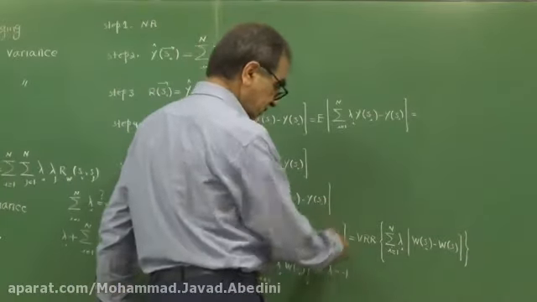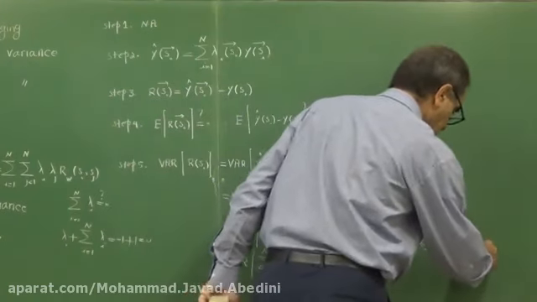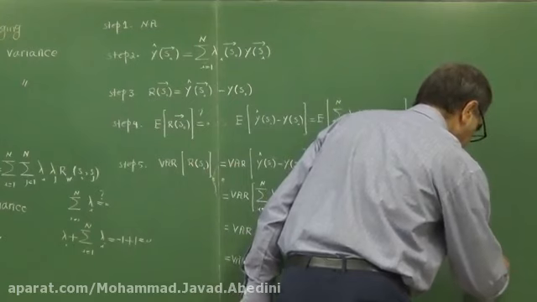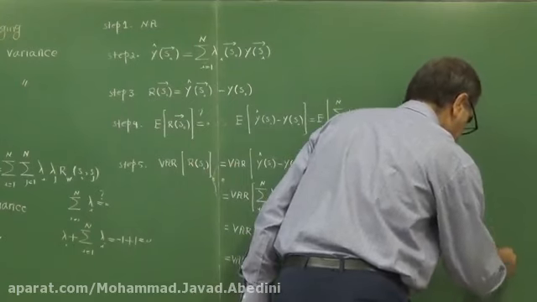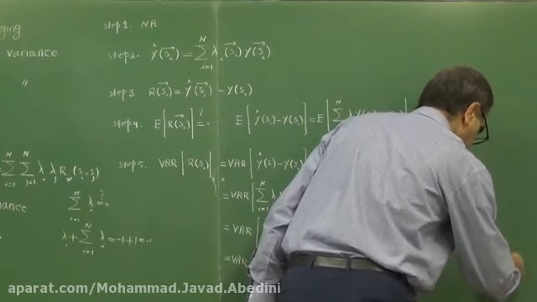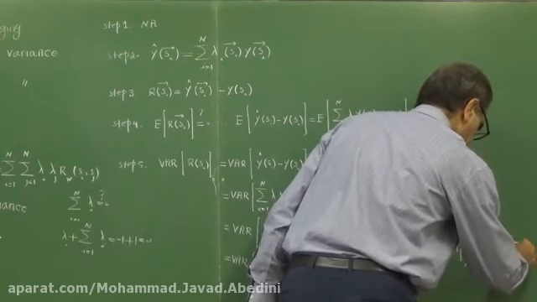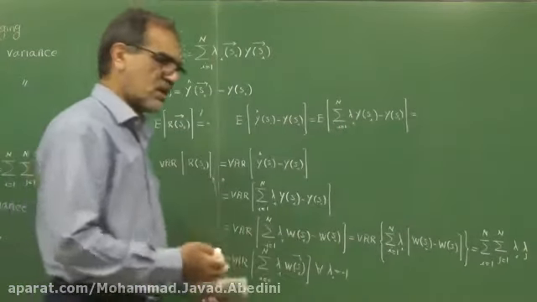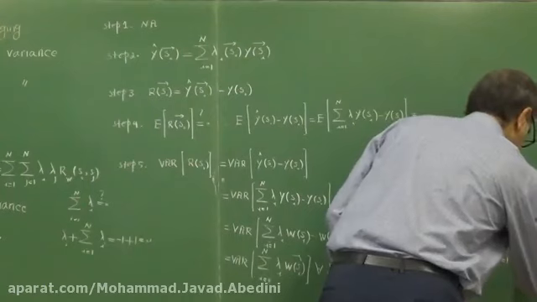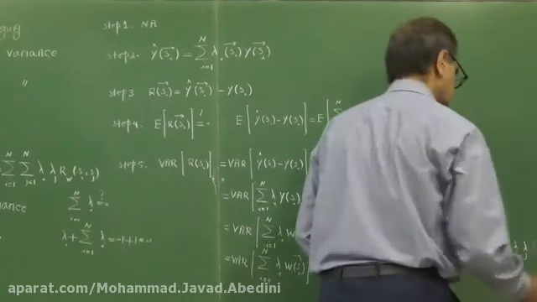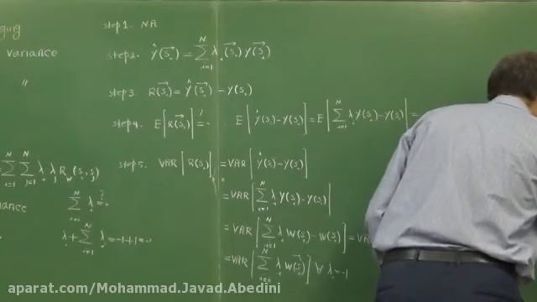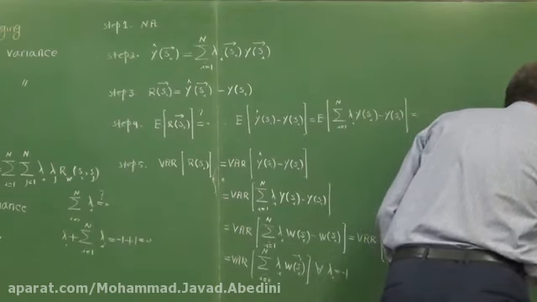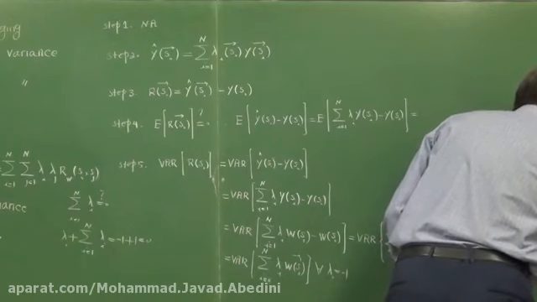Therefore, here you could write this as double summation i from 1 to n, j from 1 to n, lambda i, lambda j, covariance of W at s_i minus W at s0.